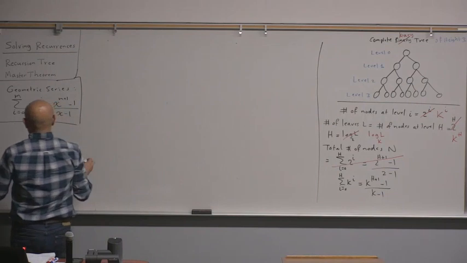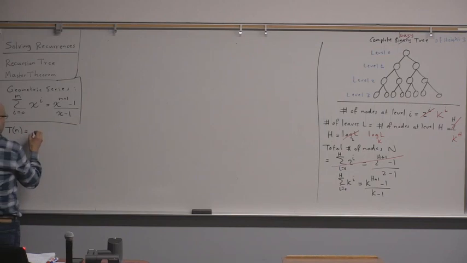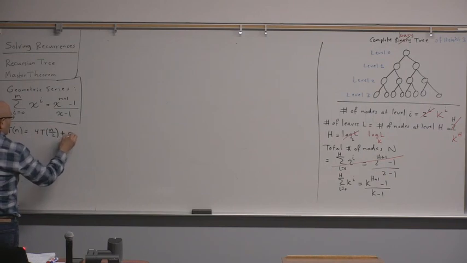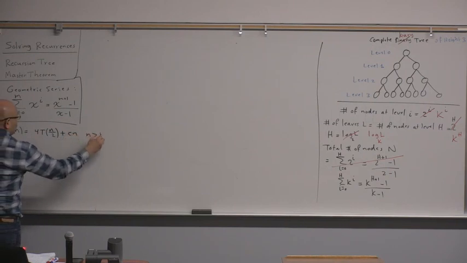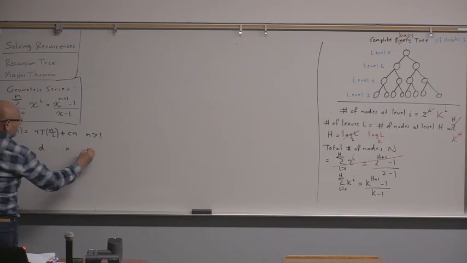Okay, so the example is T of n equals 4T of n over 2 plus Cn if n is greater than 1, and it's equal to D if n equals 1.